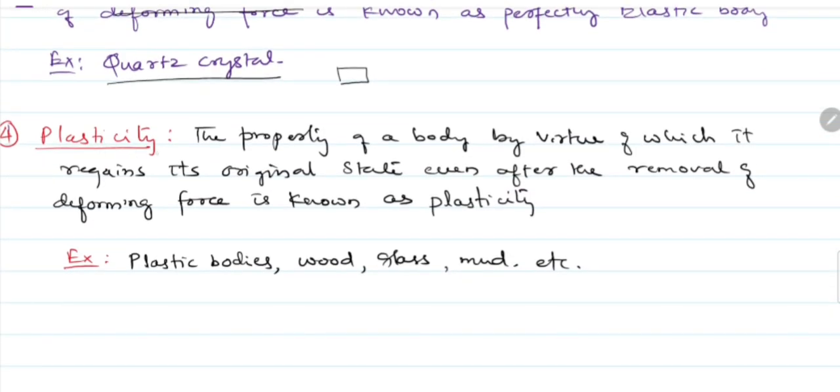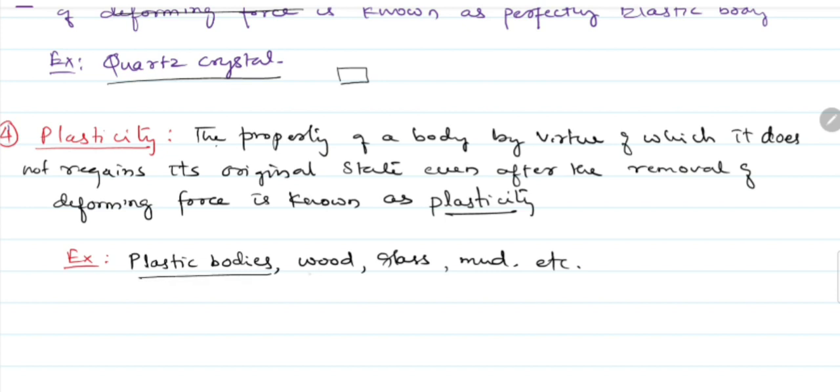Now, what is plasticity here? The property of the body by virtue of which it does not regain its original state even after the removal of the deforming force is called plasticity. What are the examples?